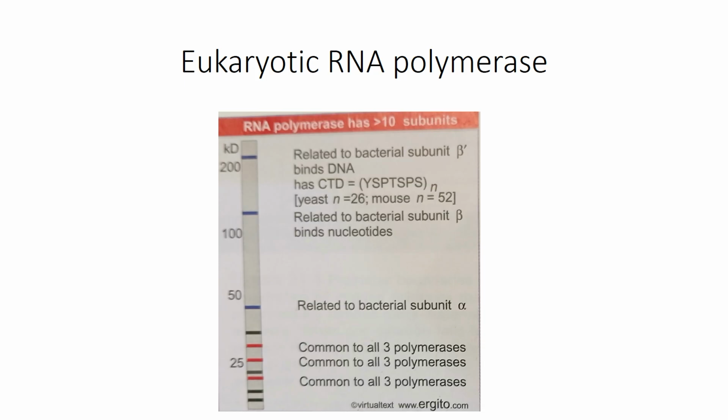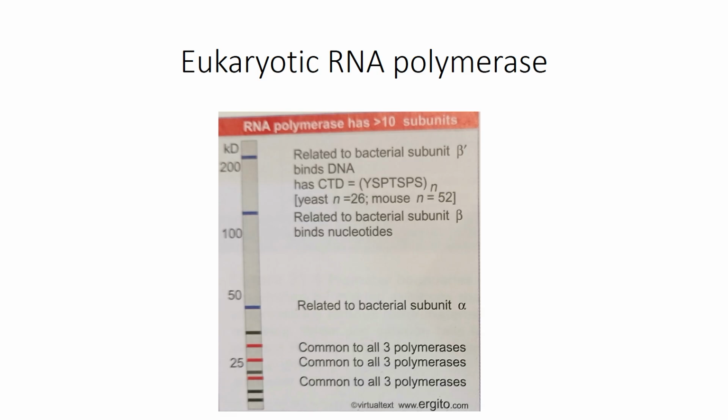Eukaryotic RNA polymerase has some fragments related to bacterial subunit beta prime, which binds with the DNA. That has a C-terminal domain tail containing a specific sequence. In yeast, the number of amino acids of the tail is 26.